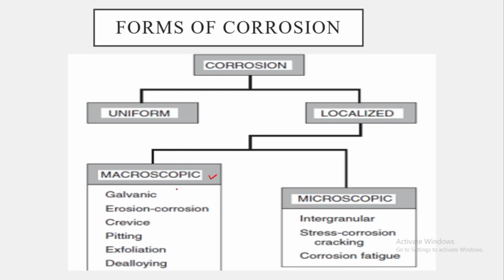Under the macroscopic corrosion, we have the galvanic corrosion, the erosion corrosion, the crevice corrosion, the pitting corrosion, the exfoliation corrosion, and the dealloying. And for the micro, we have intergranular corrosion, stress corrosion cracking, and corrosion fatigue. These are all forms of corrosion which fall under localized corrosion.